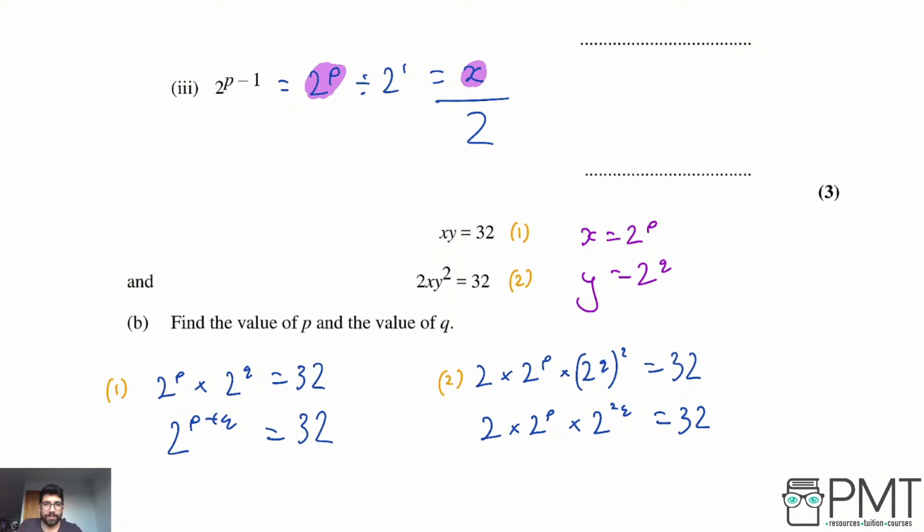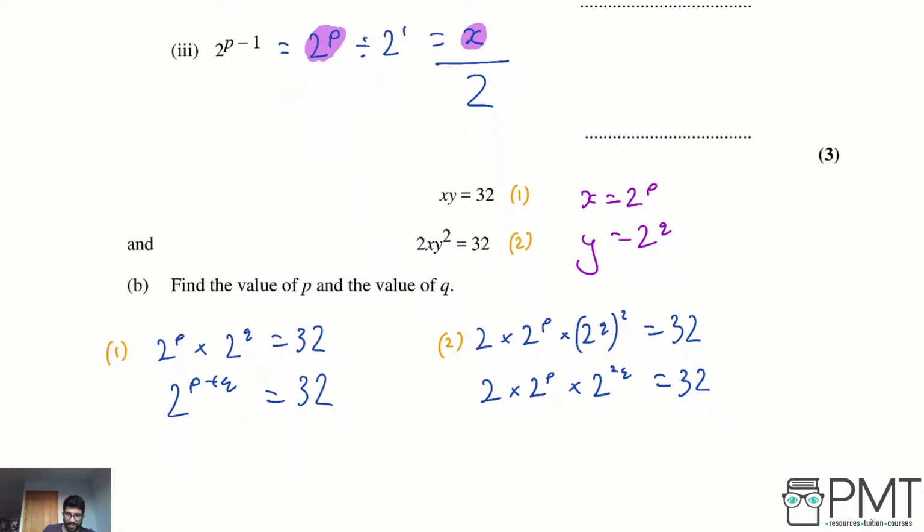But 32 isn't really helping us. We can write 32 as 2 to the power of something. So 2 to the p plus q, instead of 32, I can write it as 2 to the power of 5. And I'm going to do the same thing here, 2 to the power of 5.